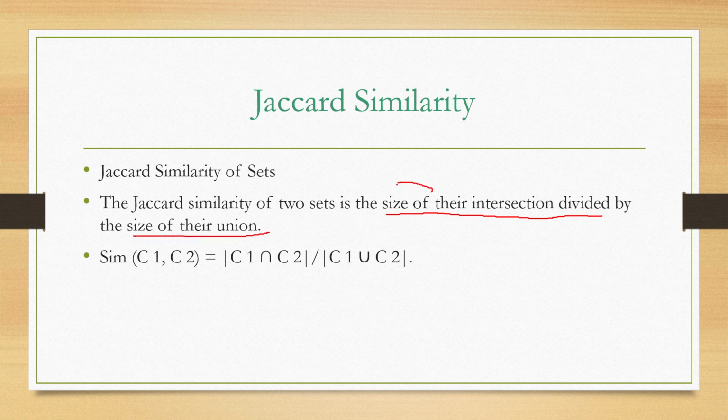So if you see, you have to consider the size, or basically the number of elements which are there in that set. So if C1 and C2 are two sets, then the similarity between these two sets is given by the number of items present in the intersection of these two, divided by the union set.